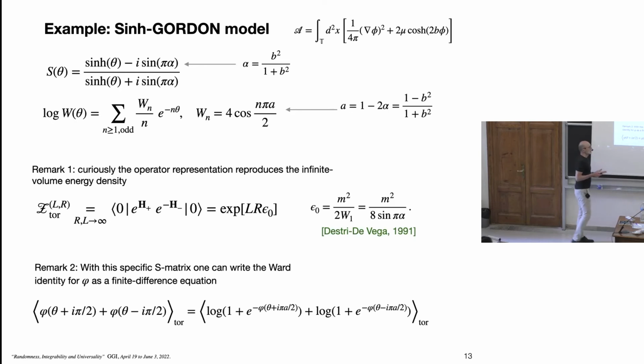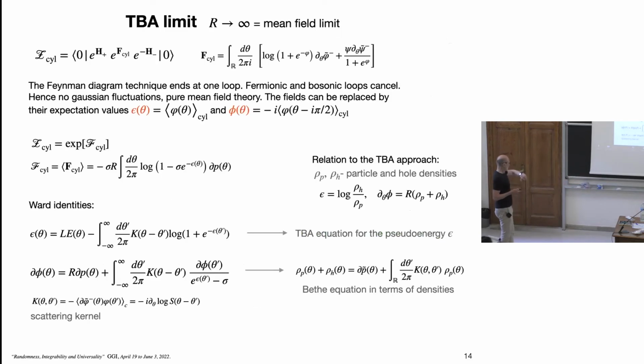And you will have corrections to this classical expression, which is given in the cylinder limit. So let me tell some words about the cylinder limit, which is the TBA limit also. So this can be considered as an alternative derivation of the TBA equations.